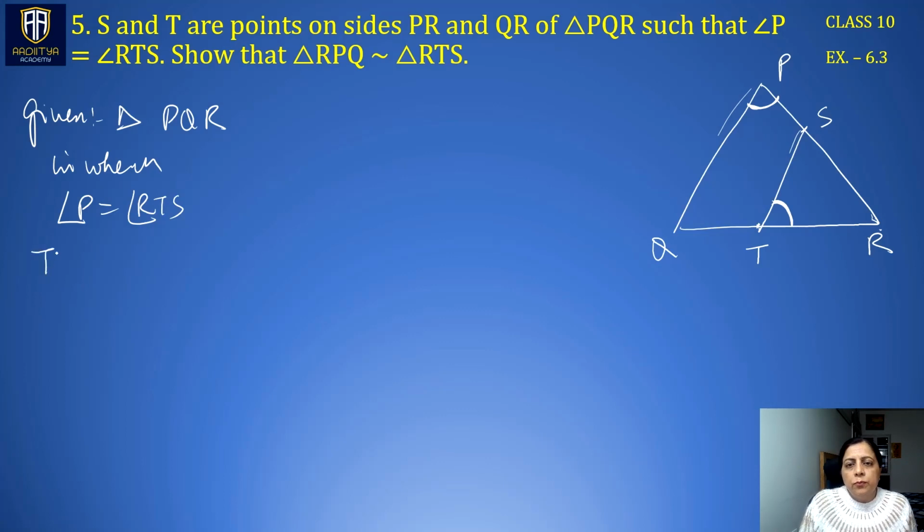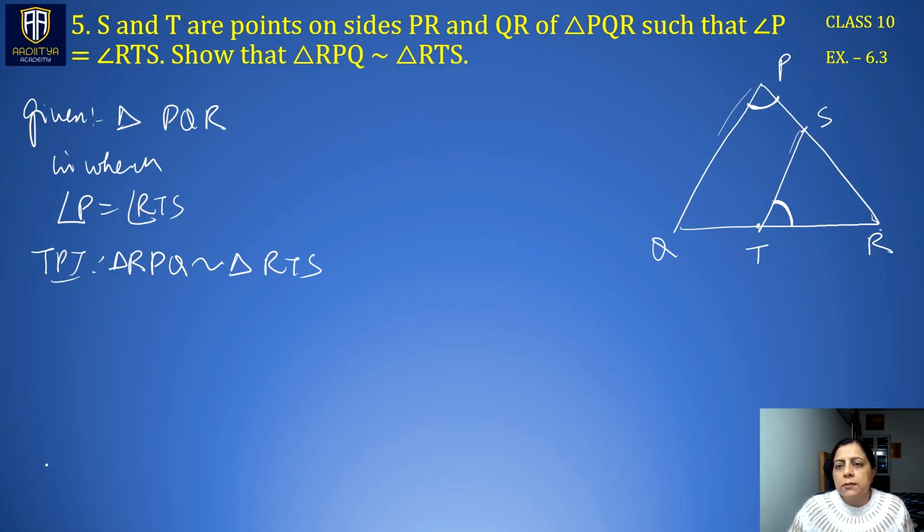So we have to prove that triangle RPQ is similar to triangle RTS. So see, here we are not given any kind of sides or ratio of sides in this question. This is a very easy question.